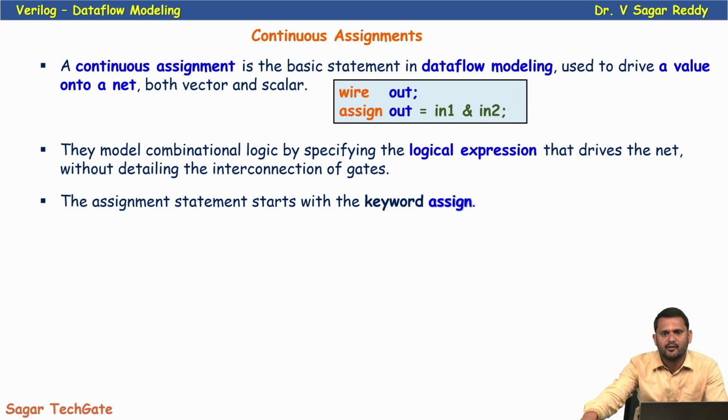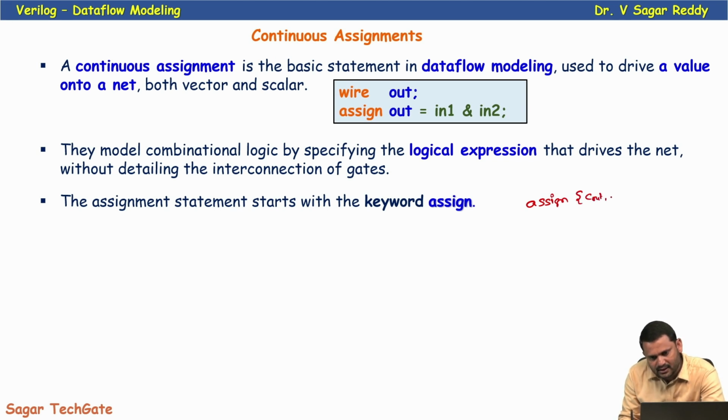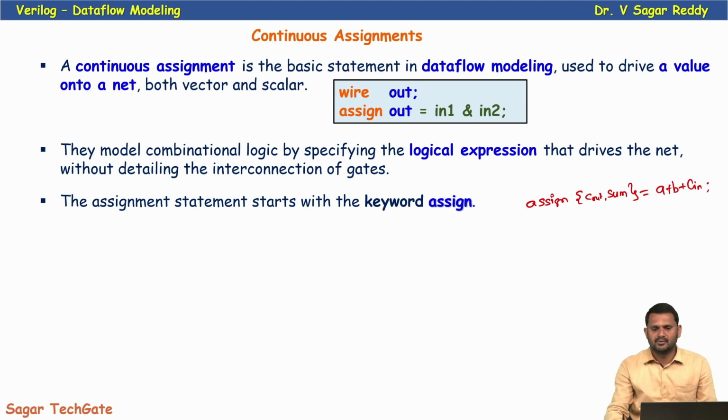If we write assign {cout, sum} = a + b + c, what does this statement indicate? It is a simple full adder: {cout, sum} = a + b + c.